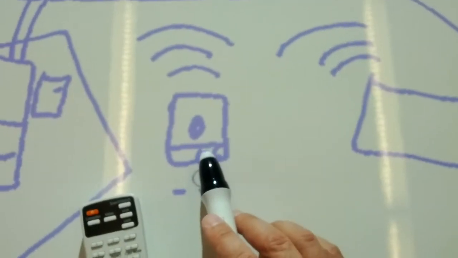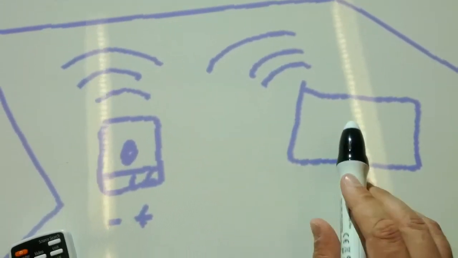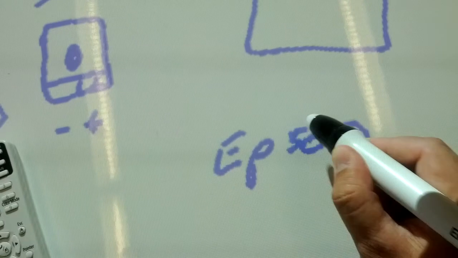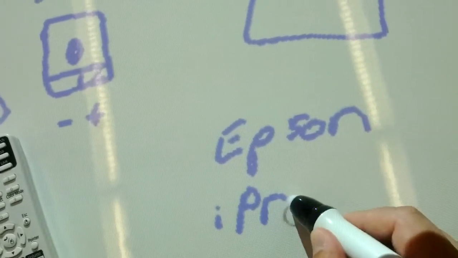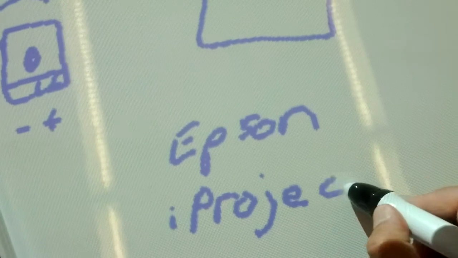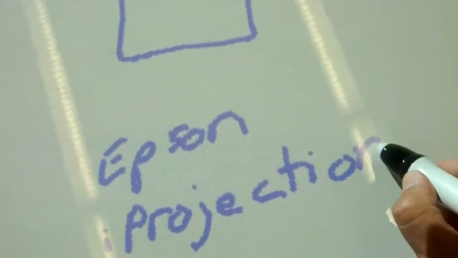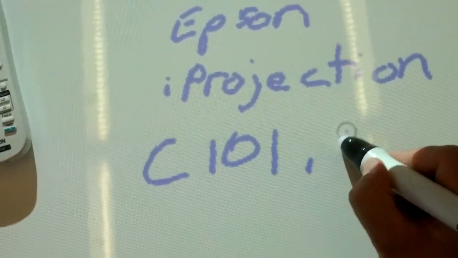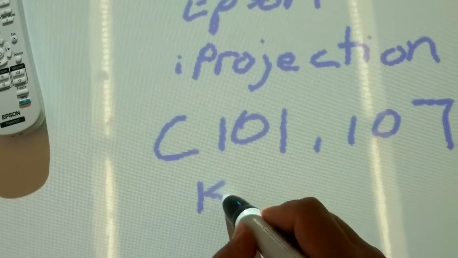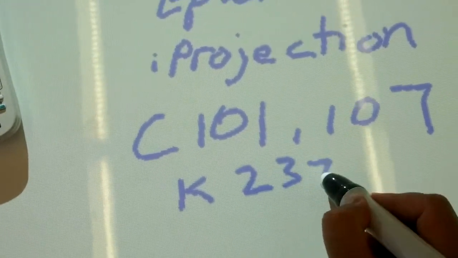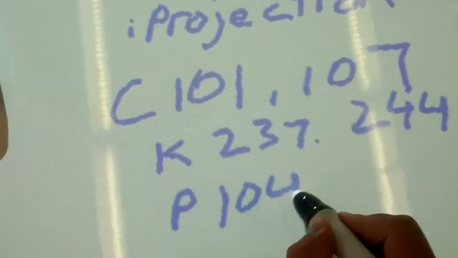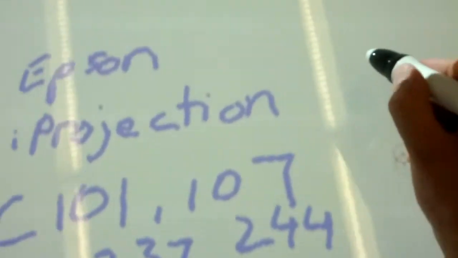If you don't have an iPhone or an Android, but you do have an iPad or an iPad mini, you can download that Epson iProjection app, and you can go ahead and download that too for this fall if you're going to be teaching in any of the following rooms: Crispin 101, Crispin 107, Kirby 237, Kirby 244, Parker 104, Parker 210, and Bruner 3125.